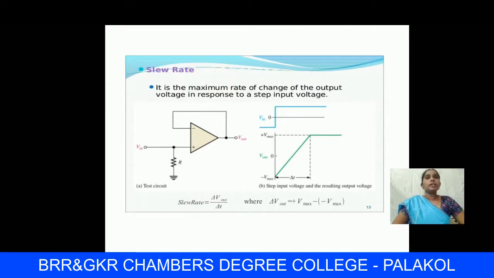It is the maximum rate of change of output voltage in response to a step input voltage. When we apply a step input to the operational amplifier, the maximum rate of change of the output is called the slew rate.